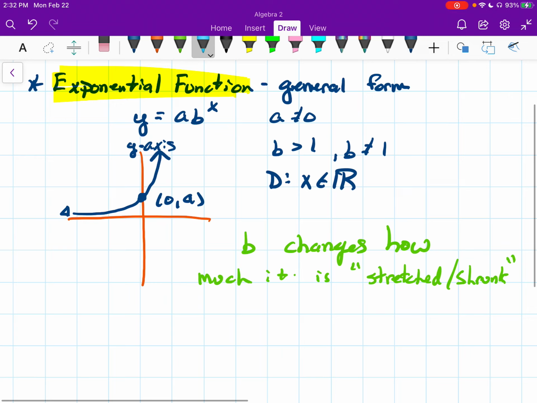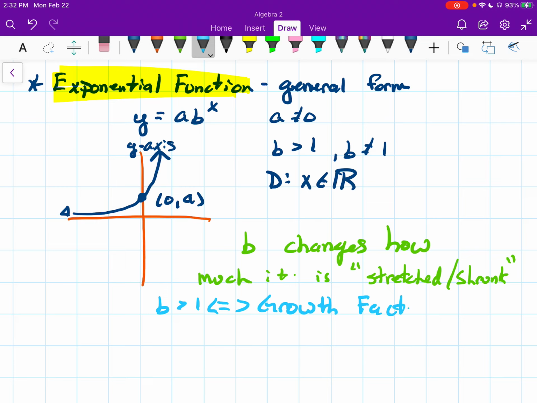Talking more about b, whenever b is greater than 1, it is a growth factor. A growth factor has b bigger than 1, and whenever b is less than 1, it's a decay factor.